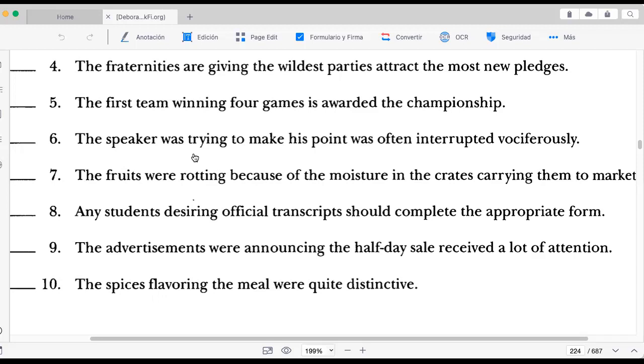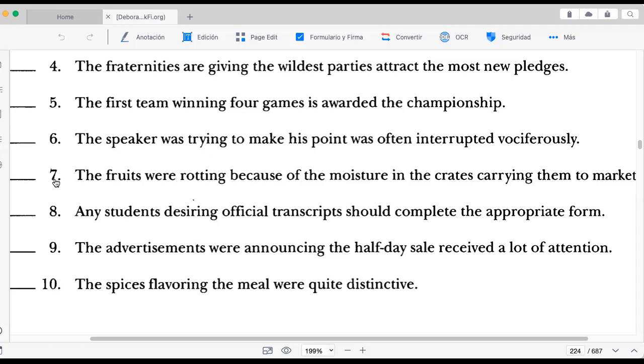Incorrect. Or correct? Just tell me. I think it's incorrect. Okay. His point could be the subject of the second one. The speaker was trying to make his point, but he was often interrupted. Very good.